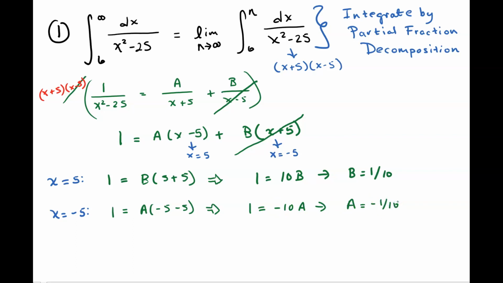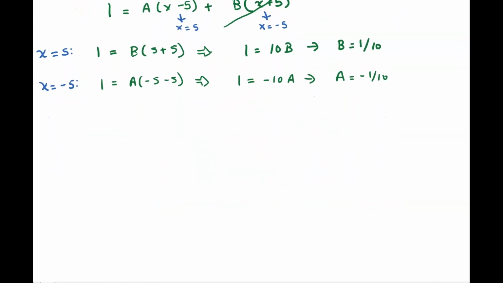And now we are ready to do our whole integration, if you will. So let's go ahead and take a look at what that might be. When we come back to what we were talking about, it was the limit as n goes to infinity of the integral from 6 to n.